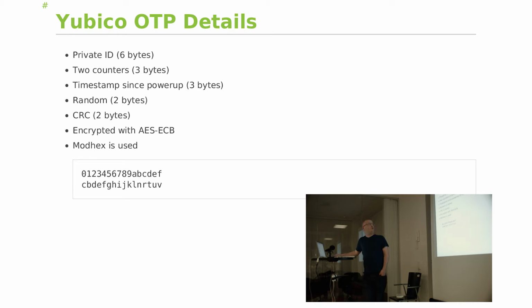It's got a lot more stuff inside it. 16 bytes inside 1 OTP. That gives it 32 characters, or 16 bytes on the other side when encrypted with AES ECB. It's got 2 counters comprising 3 bytes. It's got a private ID and some other mostly unused stuff inside the OTP.